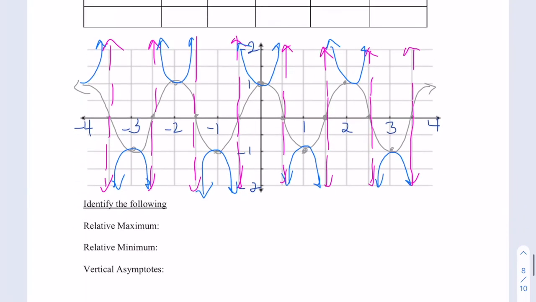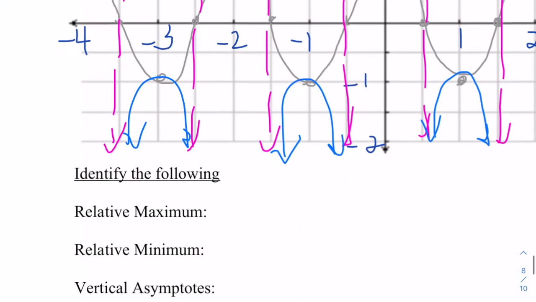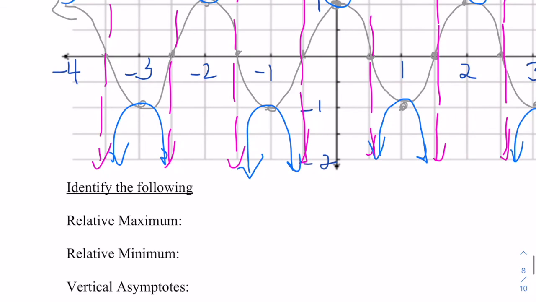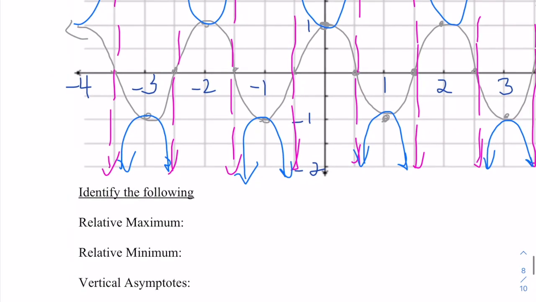So again, just refreshing on the values for secant. We notice that the secant is going to have a relative maximum at 1 and then 3. So it's going to be 1 plus, and the period, remember, was 2. So 2n. And then it's going to have a relative minimum here at 0, and then again at 2.